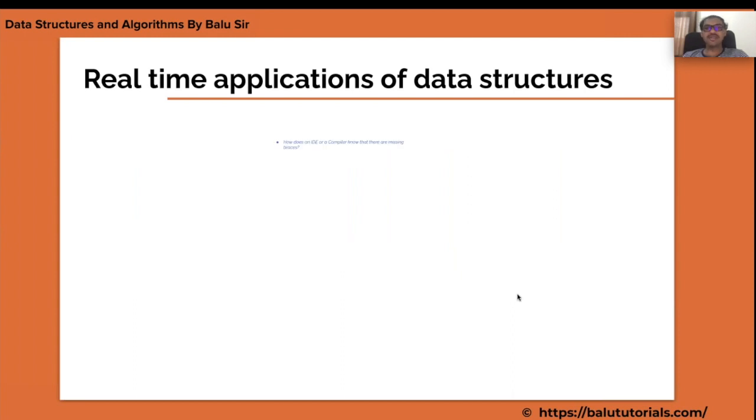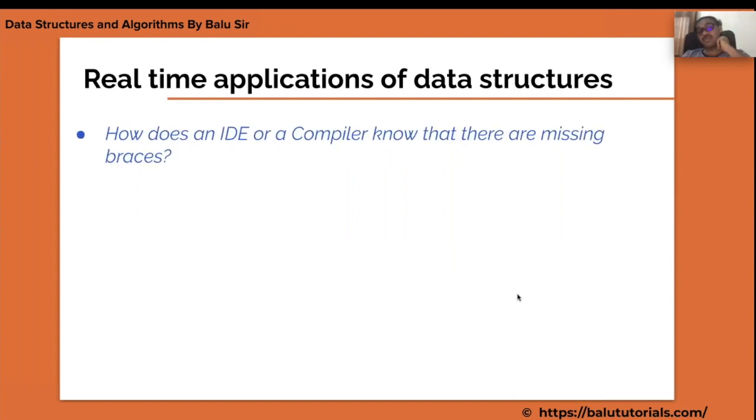The next one is about the IDE or compiler. How does an IDE or compiler work on missing braces? You remember when you open the body with curly braces. If you open a curly brace, it requires a closing curly brace, right?